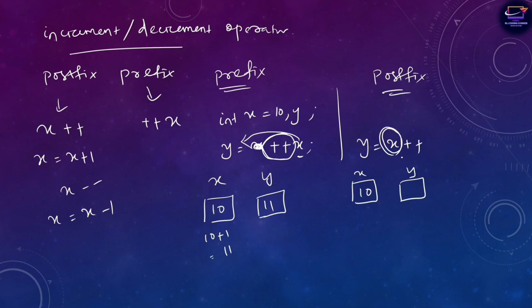First the variable and then the operator. So first the variable value will be assigned to y. So first 10 is assigned to y and then the x value increases, that is 10 plus 1 equals to 11. So here x equals to 11 and y equals to 10, right?